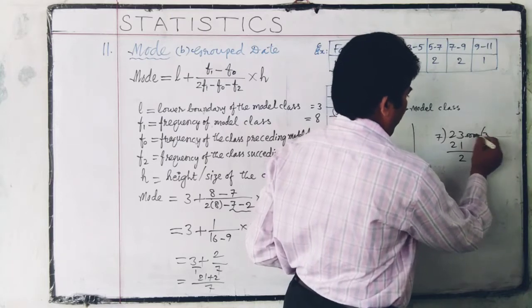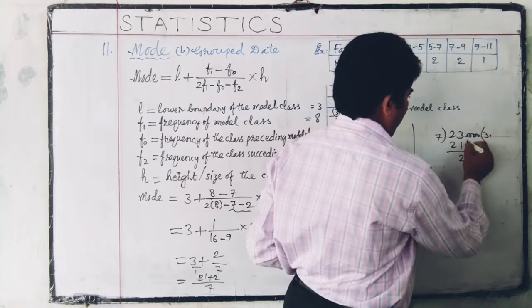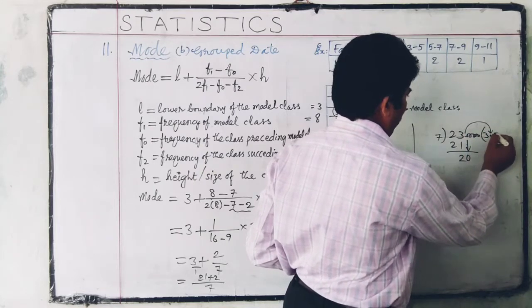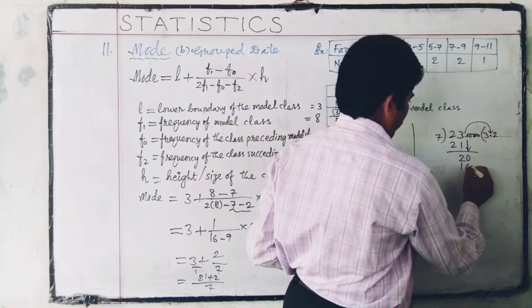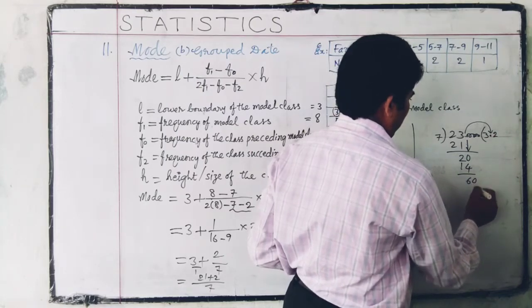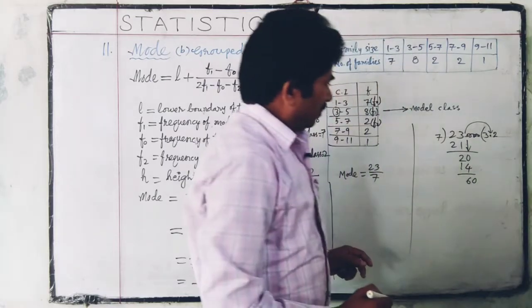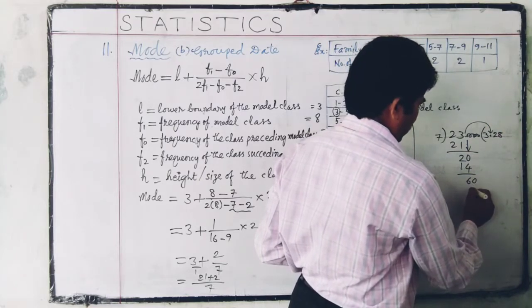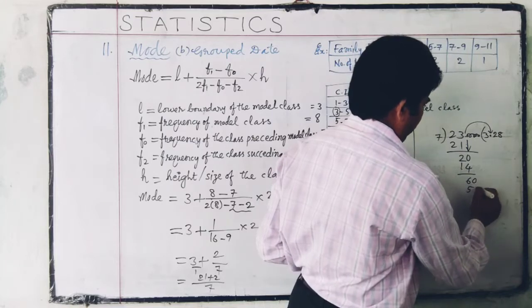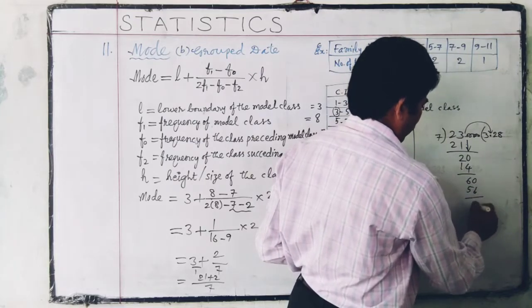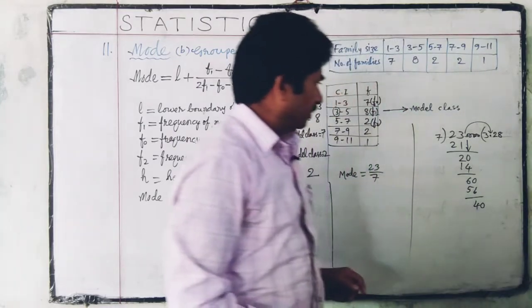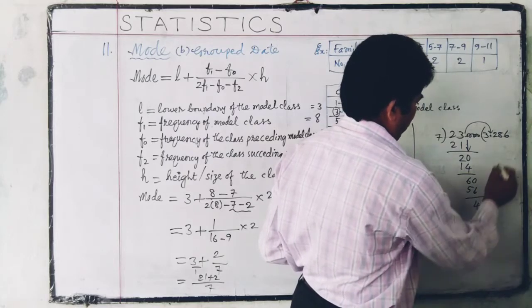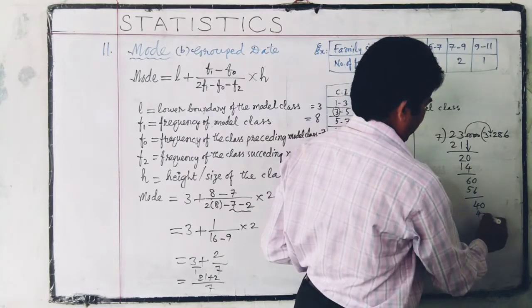We have to keep a point and bring down 0. 7 times 2 is 14, 6. 7 times 8 is 56, 40. 7 times 6 is 42, approximately.